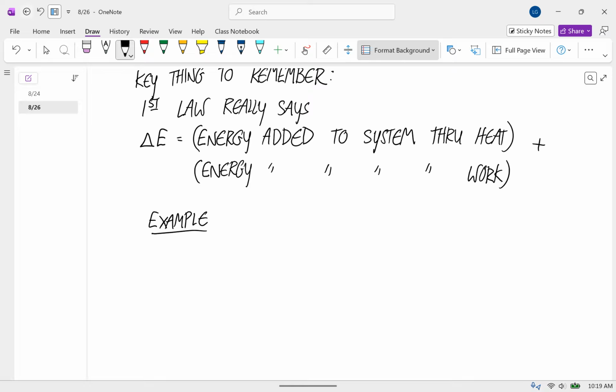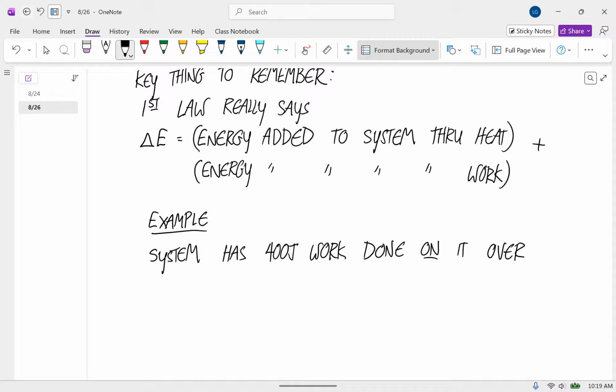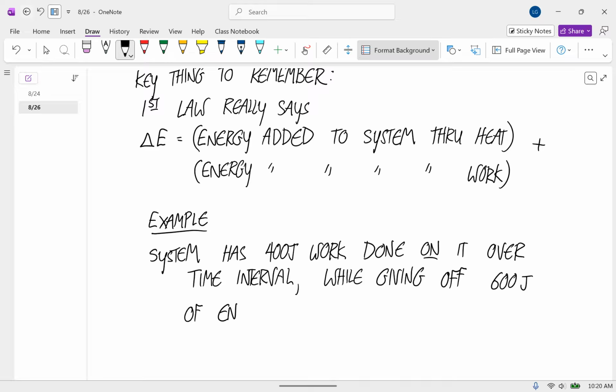Let's say that a system has 400 joules of work done on it over a time interval, while giving off 600 joules of energy as heat.